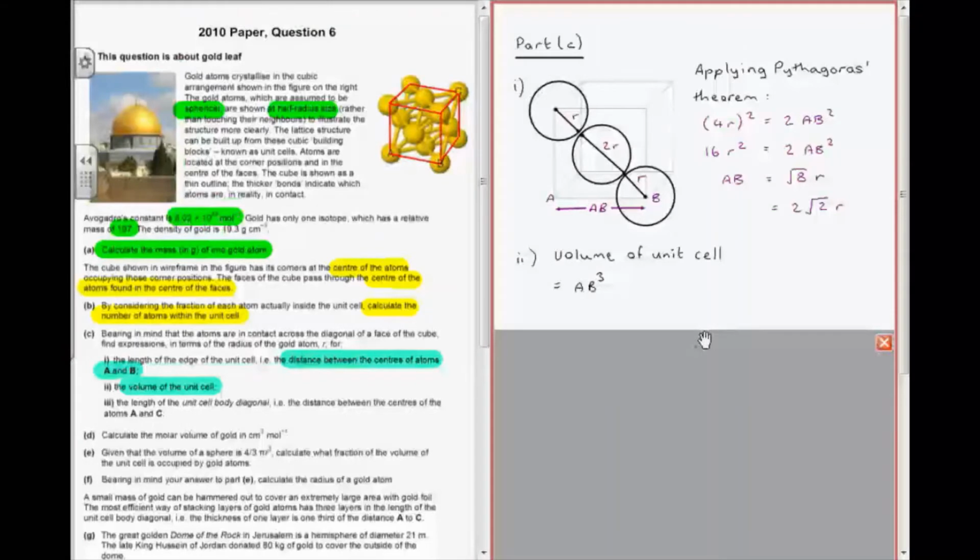Substituting then the value for AB, which we calculated in part 1, the volume of the unit cell becomes 2 root 2r all cubed. So multiplying out that bracket, 2 cubed is equal to 8, root 2 cubed is equal to 2 root 2, and then r cubed is r cubed.